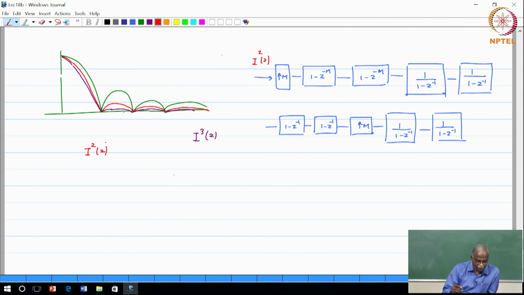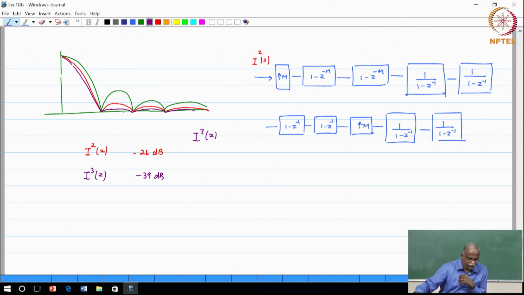It was 13 dB to begin with, now it will become 26 dB, basically a square of that, so minus 26 dB. Now when you have 3 stages, I cubed of z, you have minus 39 dB. Maybe this is already enough, or you want to go to I4, not a problem, it can easily be accommodated. So, for interpolation it looks like we may have a good option.